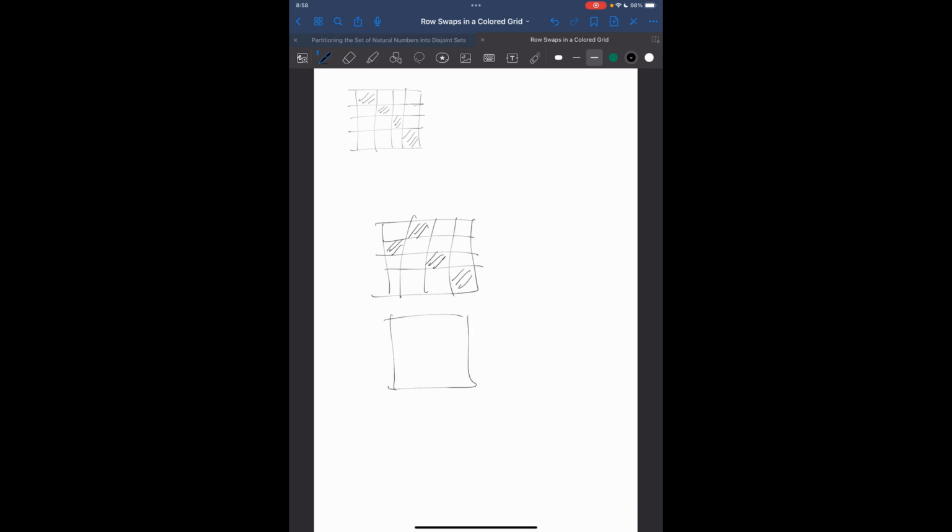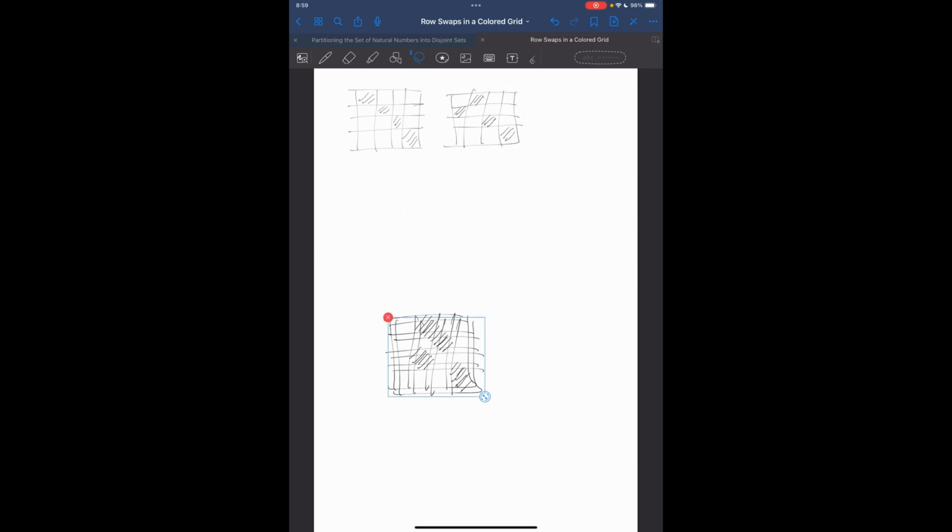Then I'm going to make a swap with the second one and third one, and I would get this. So I can construct different arrangements by just making the swaps.